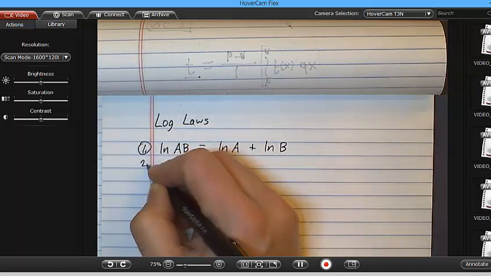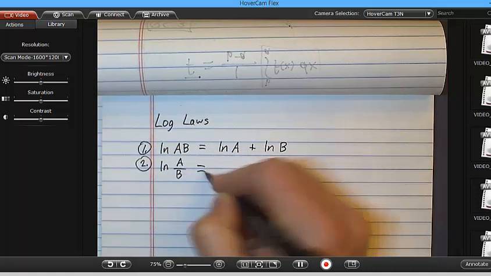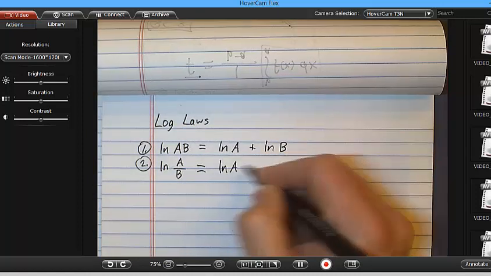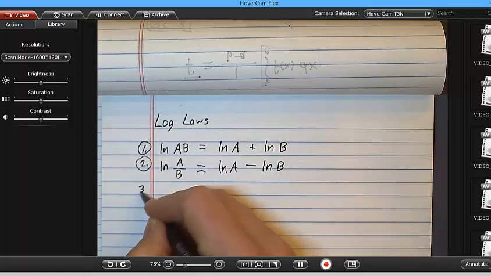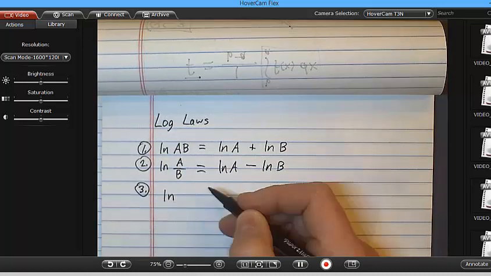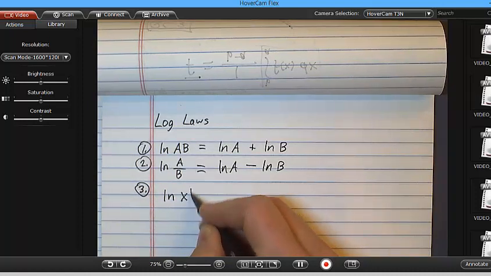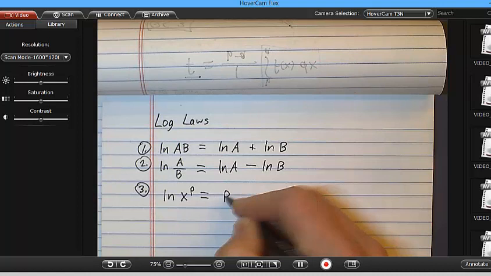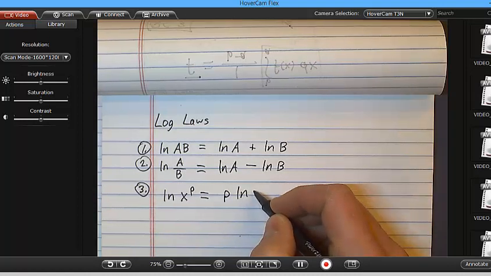Number 2, the natural log of a quotient is the difference: take the natural log of A minus the natural log of B. And number 3, the most powerful of the natural log laws, take x to some p power. What's that the same as? P times the natural log of x, right?